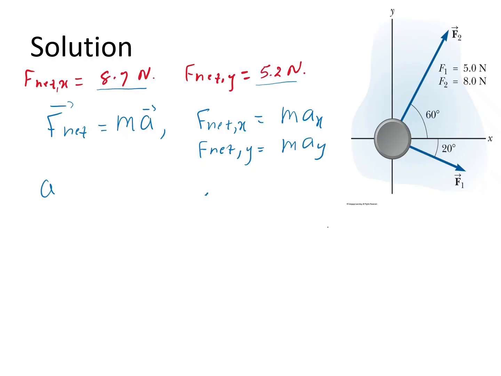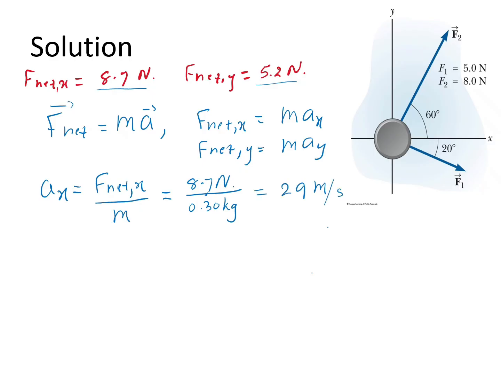Acceleration in the x direction is equal to F net in the x direction divided by the mass. In our problem, the net force in the x direction is 8.7 newtons divided by the mass, which is 0.3 kilograms, which gives us 29 meters per second squared. So that is the x component of the acceleration.